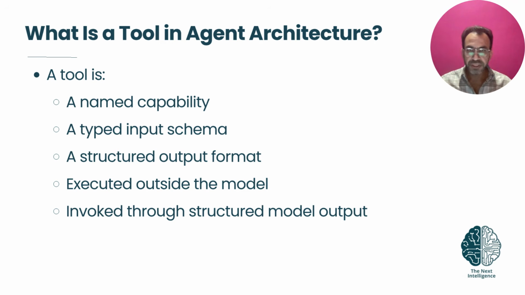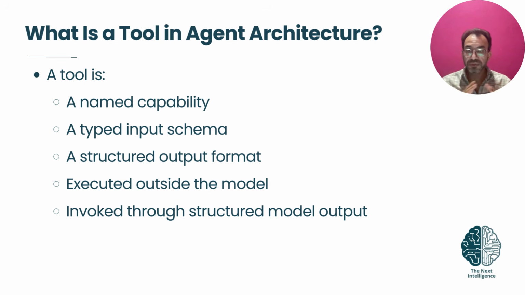So we're speaking about tool use, and the question is, what is a tool actually in agent architecture? A tool is a named capability. It has a name, it has a typed schema for its input, and it has structured output that really needs to be controlled, and we will see why, especially in the implementation. And it has an external execution layer where it interacts with the external world.